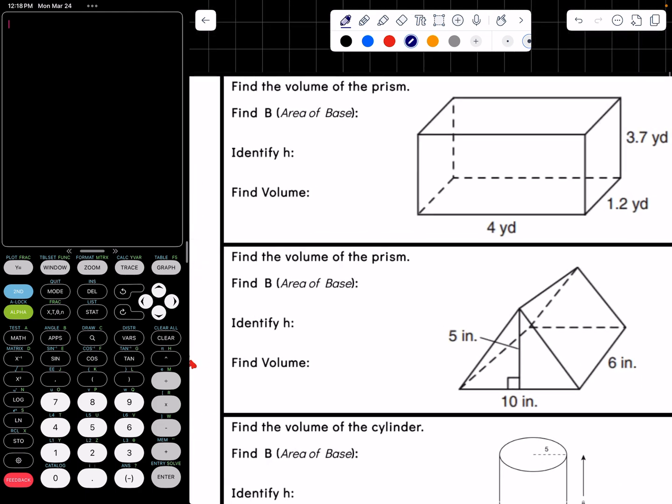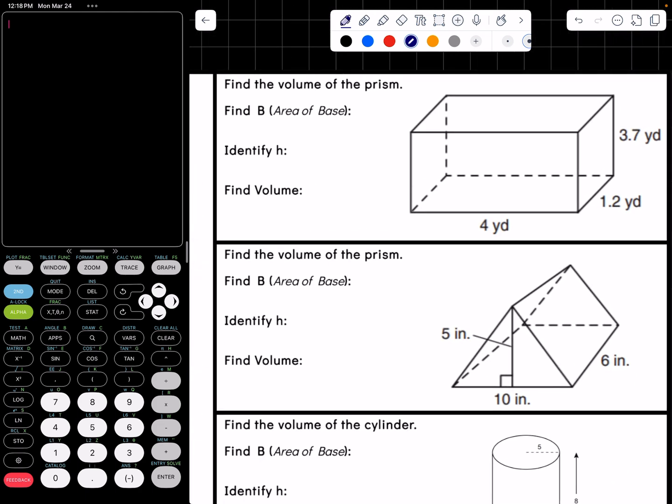When we're solving, we're going to identify the area of our base. So in this first one, I'm going to use this bottom part as my base. So my area of my base formula is going to be length times width.